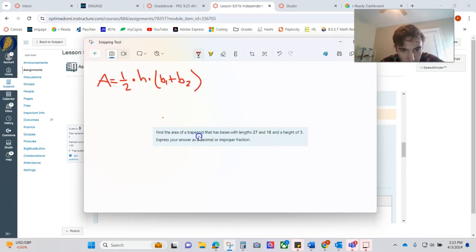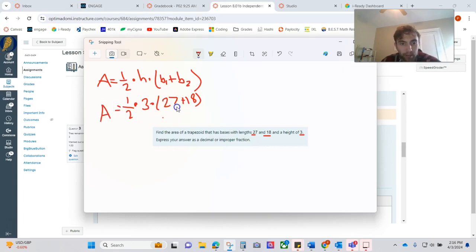Let's see. Trapezoid has bases with lengths of 27 and 18. Okay, 27 plus 18. A height is 3, it says in the question. Then we cut that in half to find the area. So let's add first.